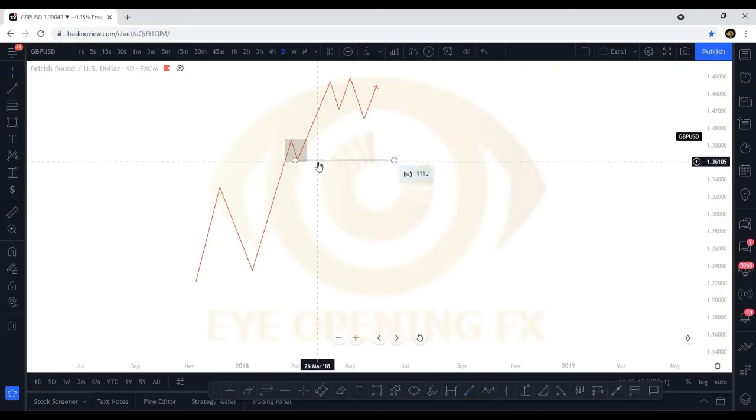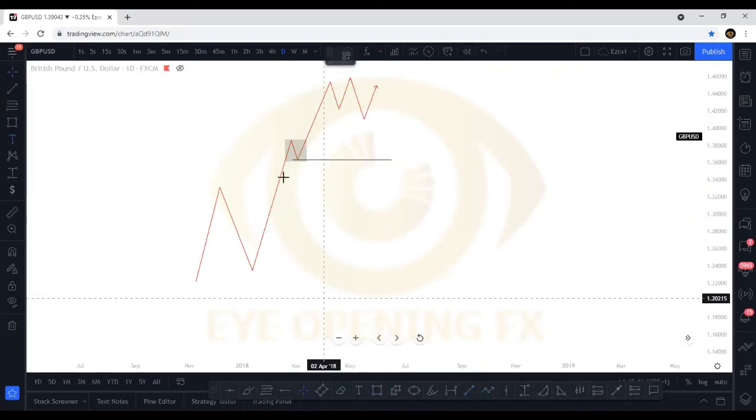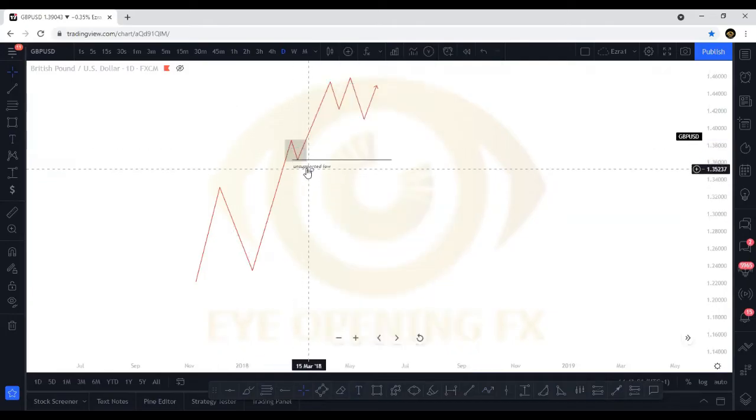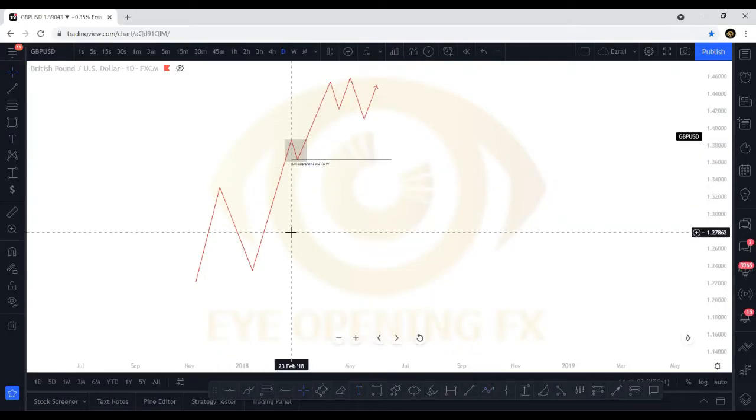So this very low is what we call an unsupported low.